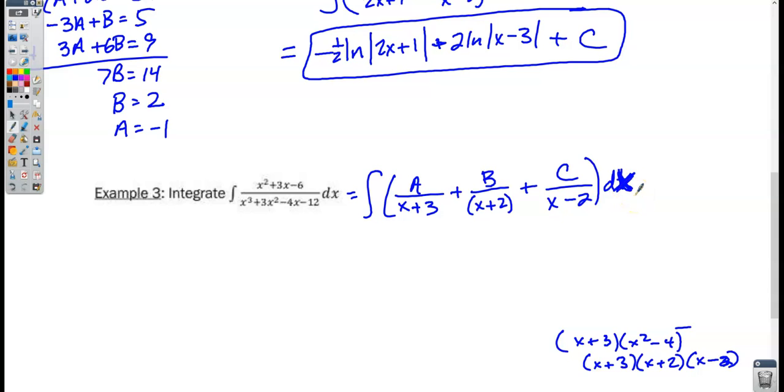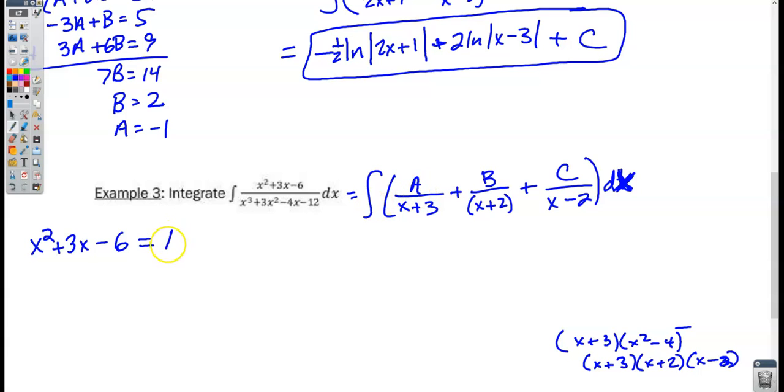That means that x squared plus 3x minus 6 has to be equal to the following. In order to get each of these fractions over the common denominator, I've got to multiply by all of the other denominators.